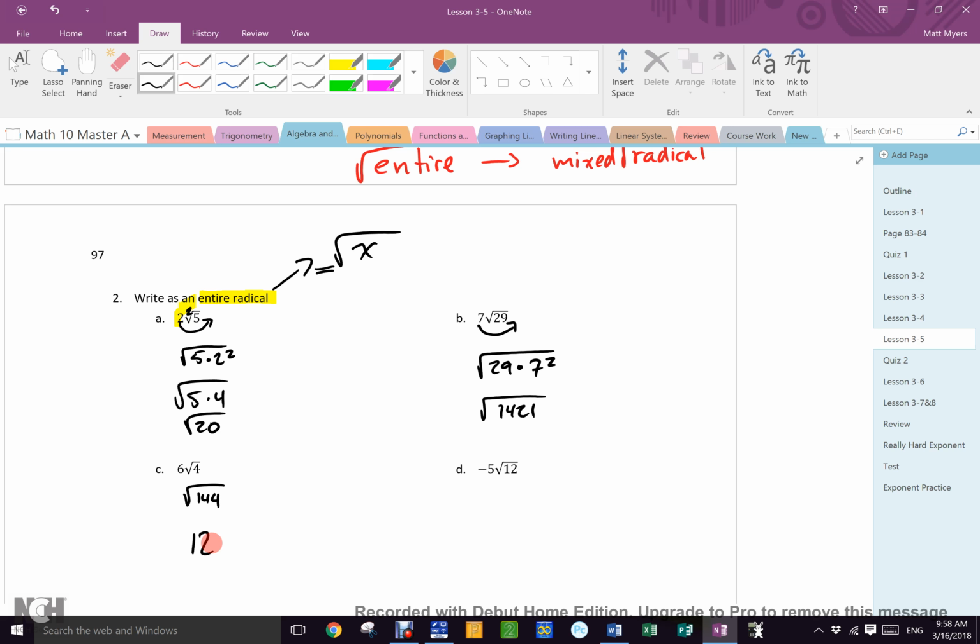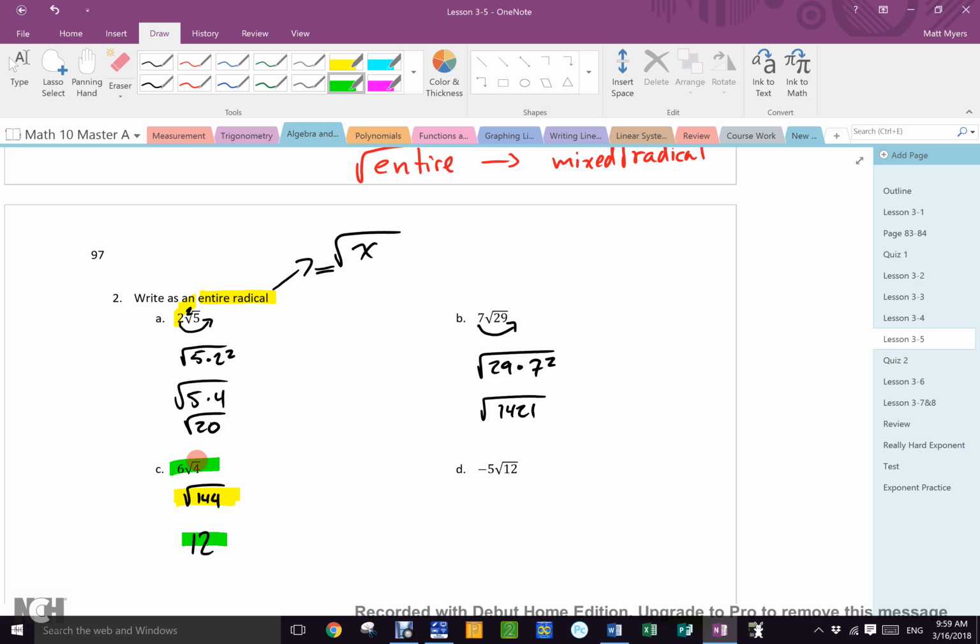Because I wanted the radical. I am checking to see that you understand the mechanics of radicals. But if we were doing math with this question, we would want to use it as 12. Does everybody understand the difference here? One, I'm asking you to understand how radicals work. That's the yellow. And the green would be what we would do with this expression if we were doing more math. Does everybody understand that?